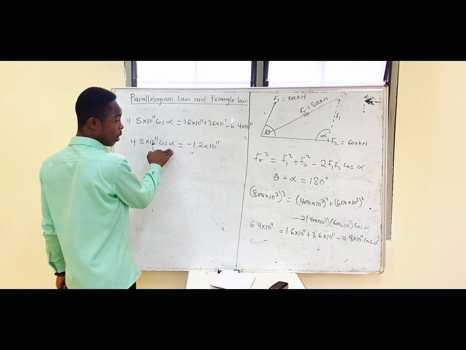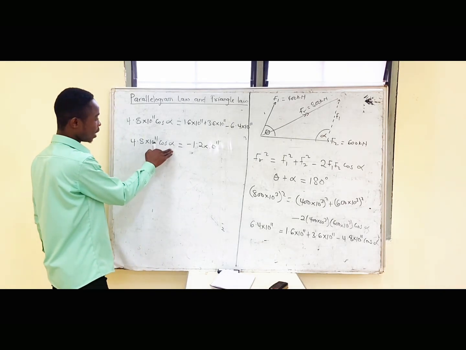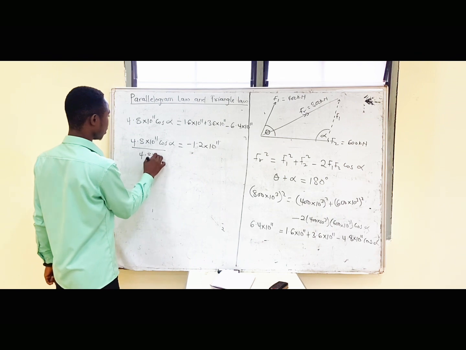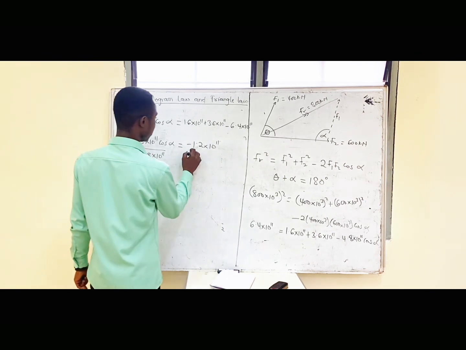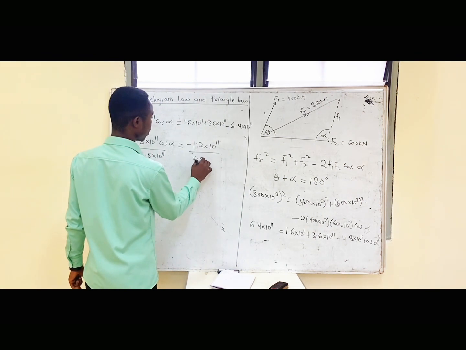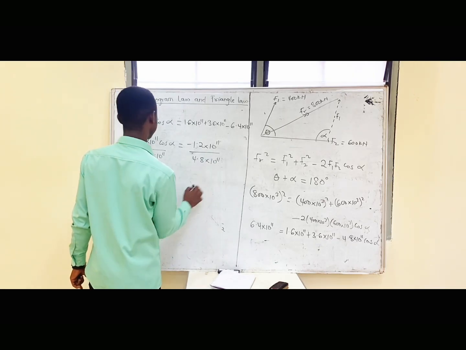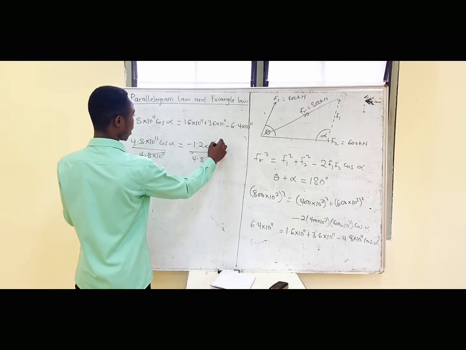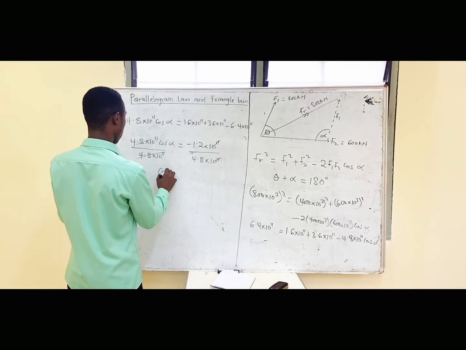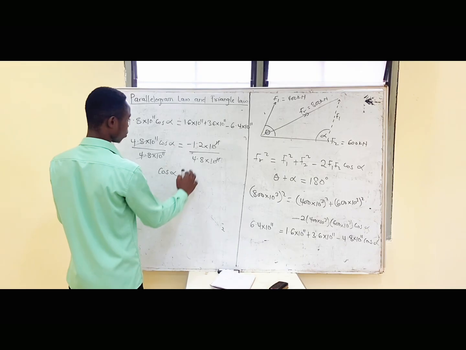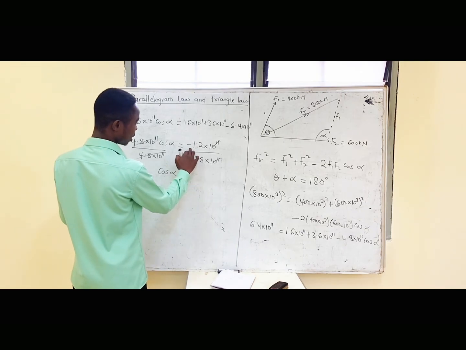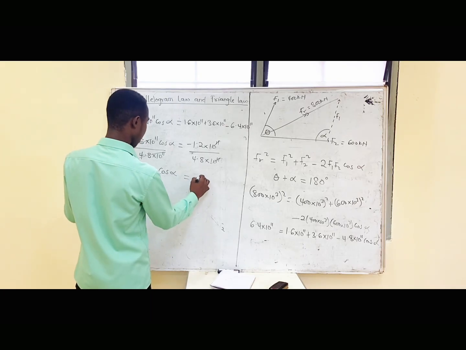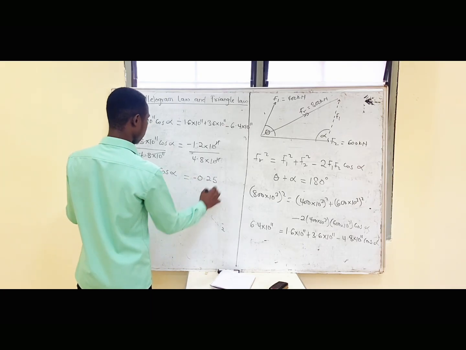Now, our focus is on alpha, right? So we divide this side by 4.8 times 10 to the power 11, and we divide this side too by 4.8 times 10 to the power 11. 10 to the power 11 cancels 10 to the power 11. We take cos alpha to be equal to negative 1.2 divided by 4.8, and we get negative 0.25.